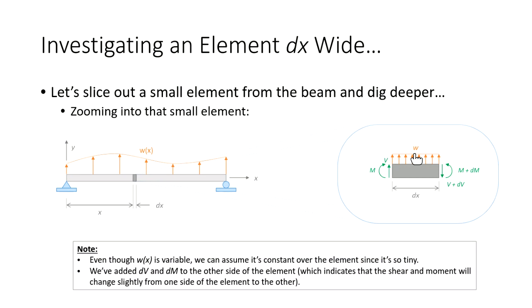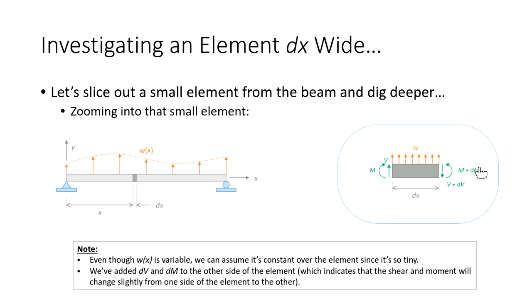But what we are interested in is not the change in load, but the change in shear and the change in moment. Because from one point to another, if we understand how much the shear changes and how much the moment changes, then we can determine an expression to plot. And so that's why there's a dV and a dM term.